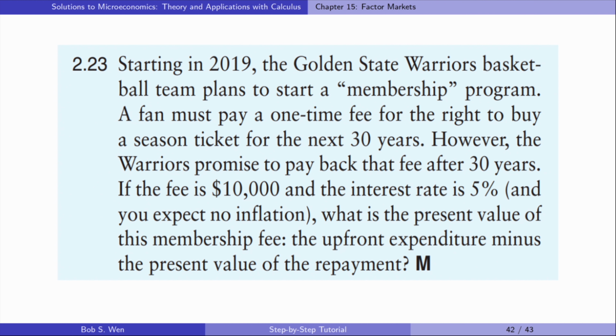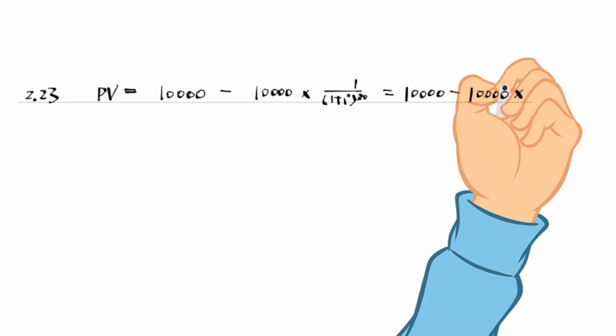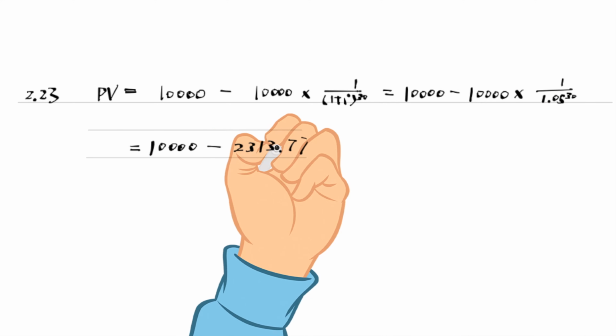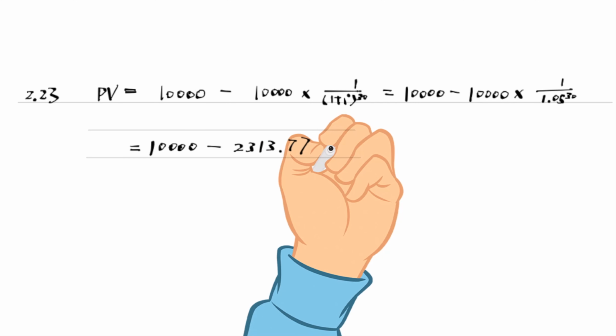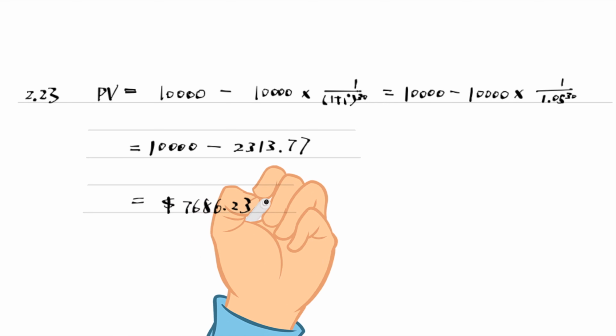If the fee is $10,000 and the interest rate is 5%, and you expect no inflation, what is the present value of this membership fee? The present value of the repayment of the $10,000 30 years later is around $2,313.77. The present value of the membership fee will be $7,686.23.